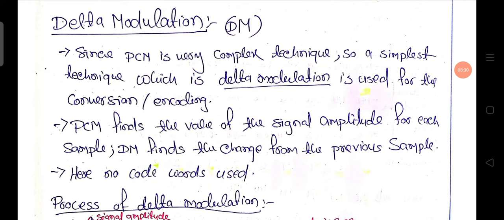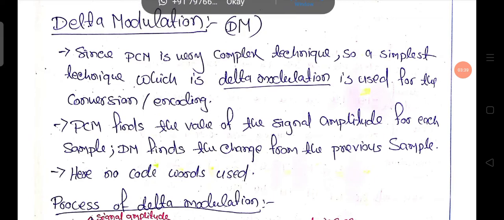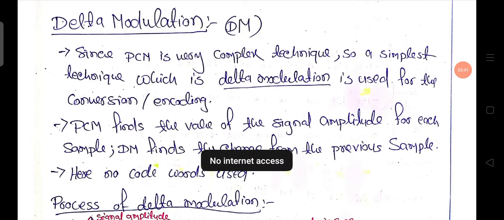And you know, for better encoding we use a high sampling rate. That is, we sample very frequently, very consecutively, so the bit rate also increases.